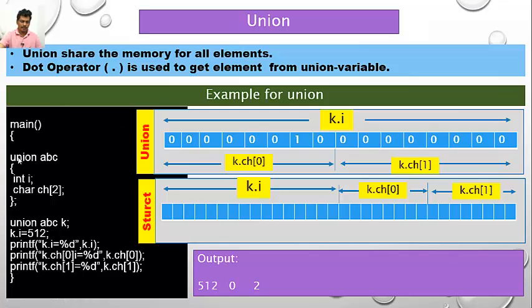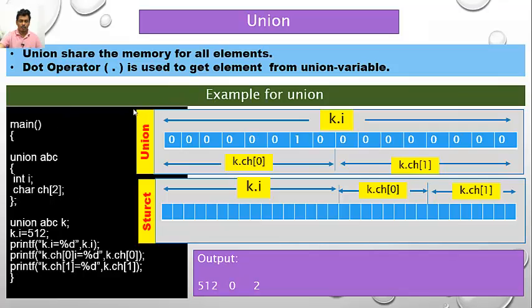So if we declare more elements within a union, we find the biggest element size, and that size is allocated. The remaining variables share the same memory. In this case, f is a float variable with size 4, ch size is 2, i is 2, so it allocates 4 bytes.